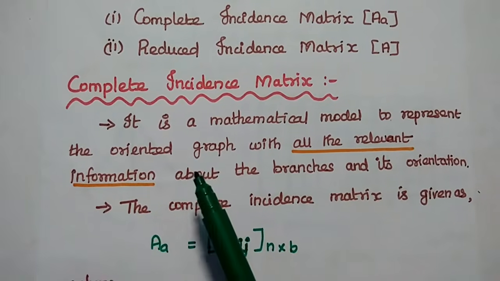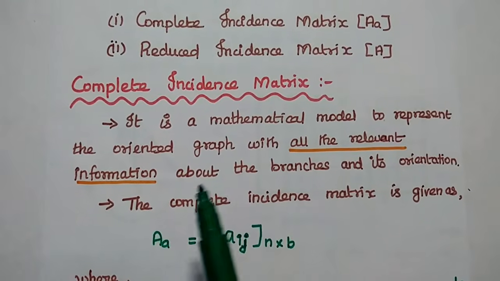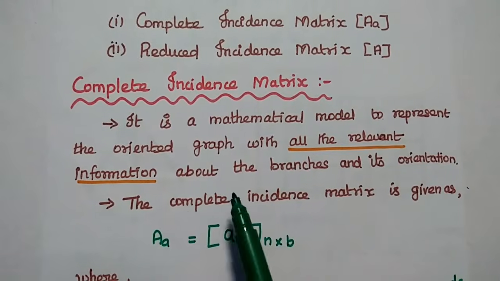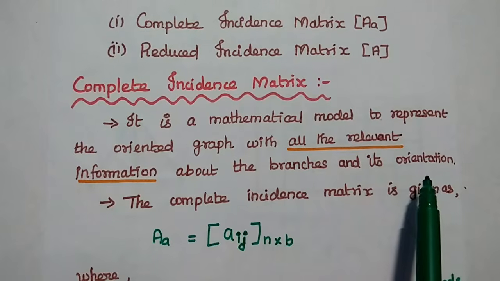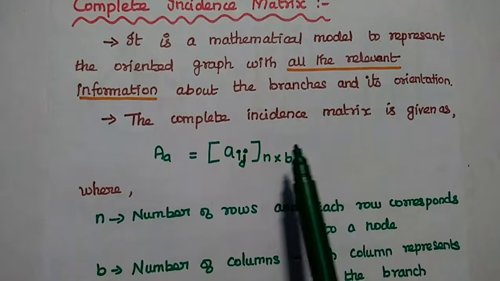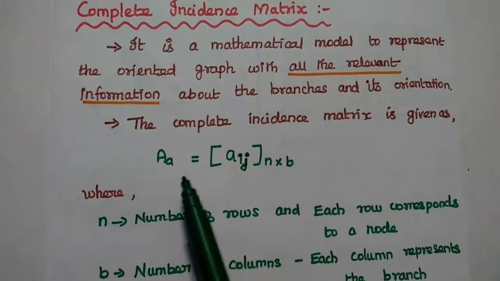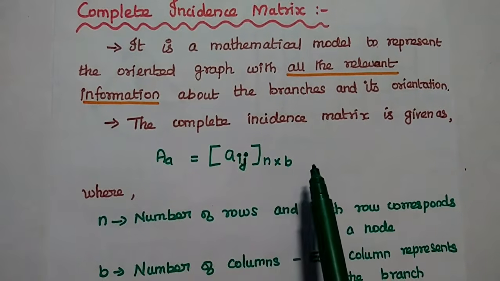Complete incidence matrix. It is a mathematical model to represent the oriented graph with all the relevant information about the branches and its orientation at the nodes. The complete incidence matrix is given as capital A with the small a is equal to Aij with the order n cross b.